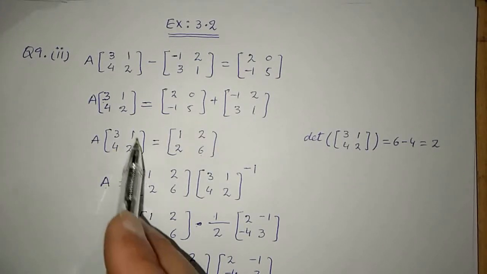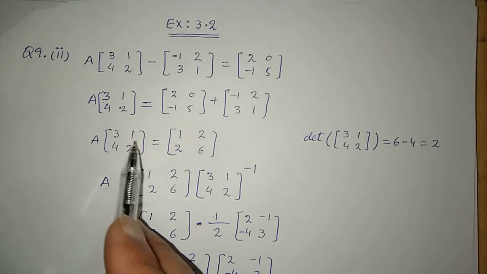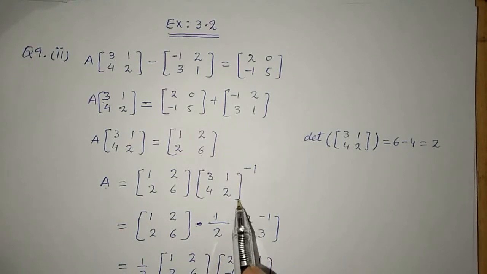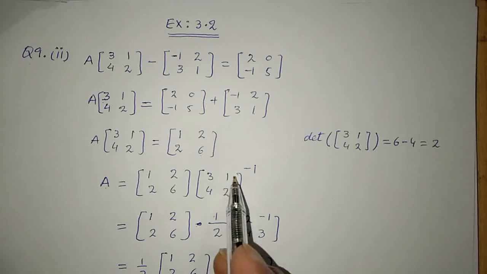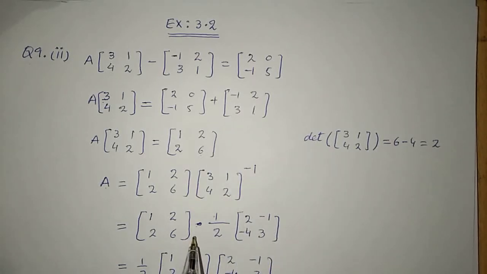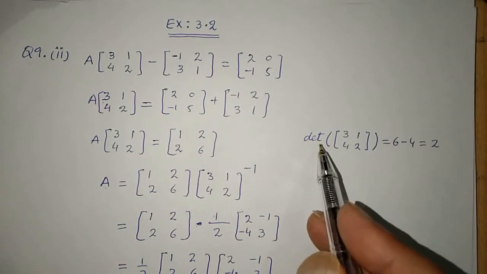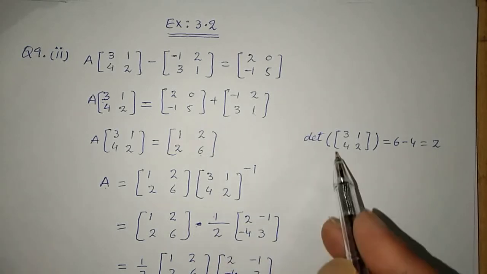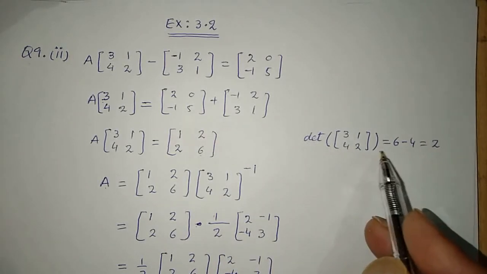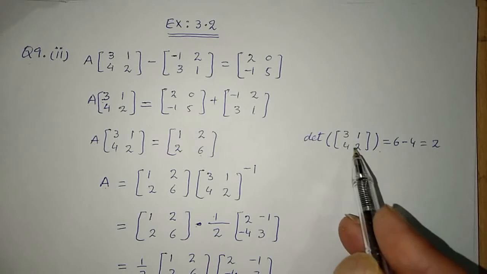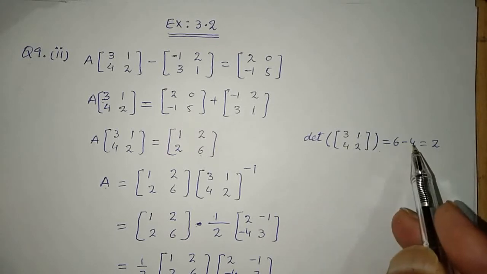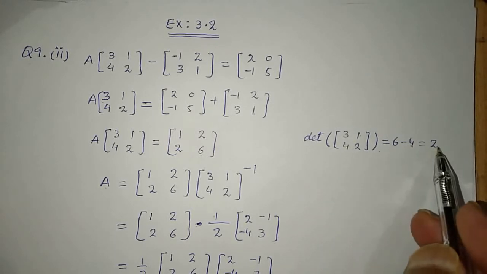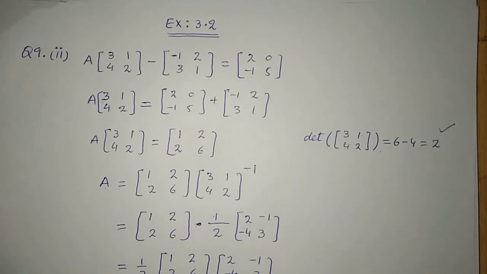So this matrix will be taken to the right, then it will become inverse. So what is the inverse? First of all, the determinant of this matrix. The determinant of this matrix is equal to 3 into 2 is 6, minus 4 into 1 is 4. 6 minus 4 is 2. This is the determinant.